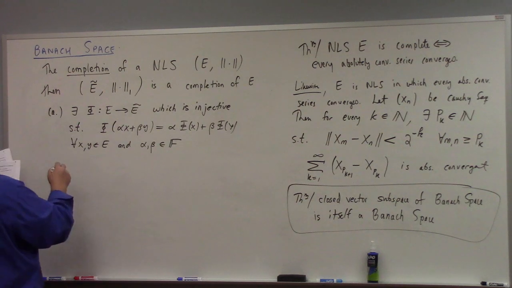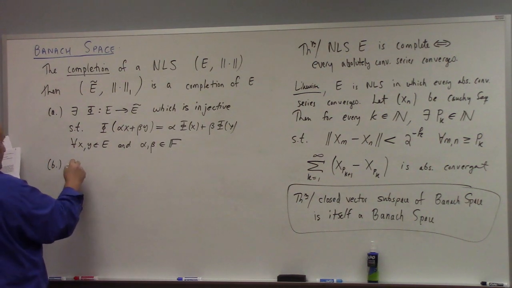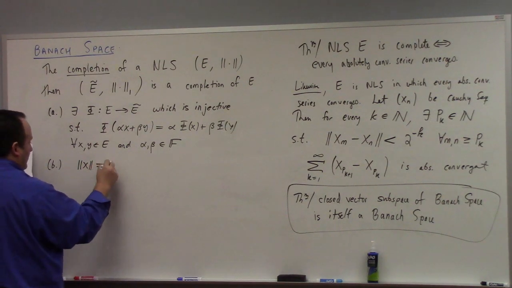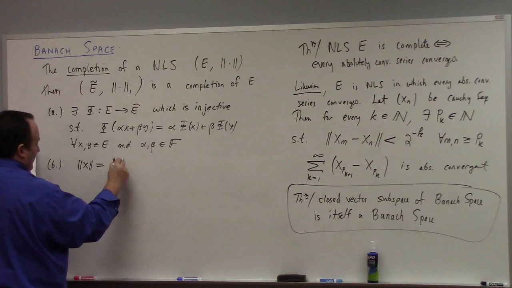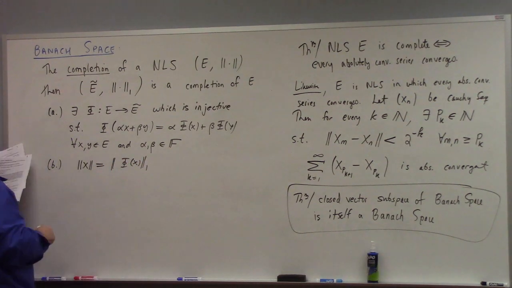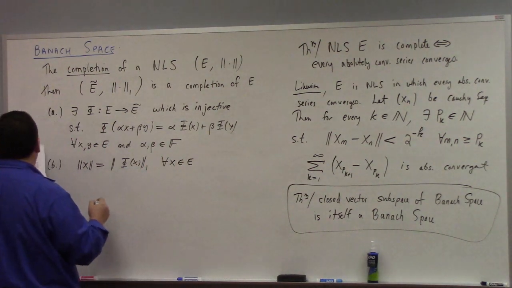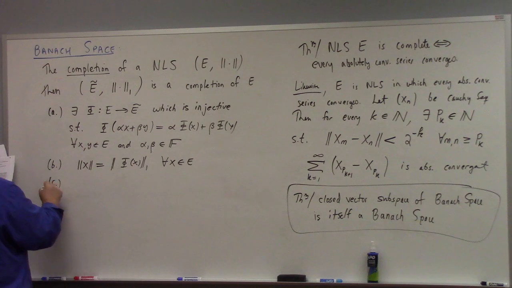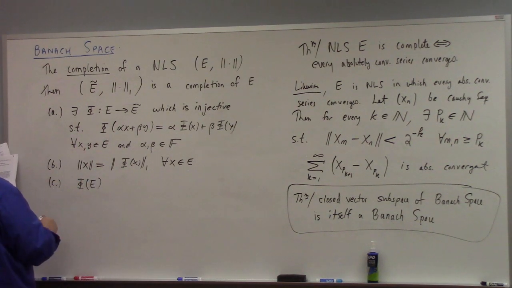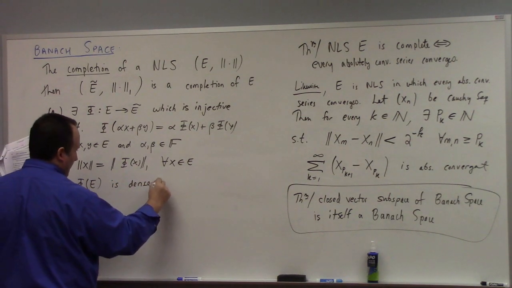And not just that it's injective, it preserves distance, it preserves norm. The norm of x in the original norm is equal to the norm of the image of x in the new norm, for all x in E. C: the image of the original space is dense in E tilde.